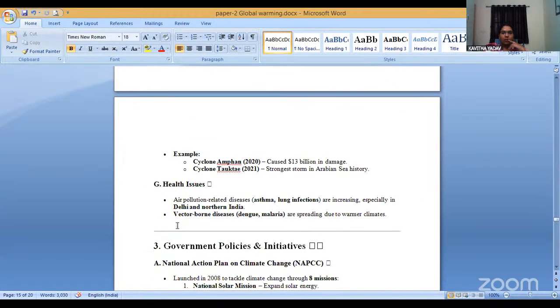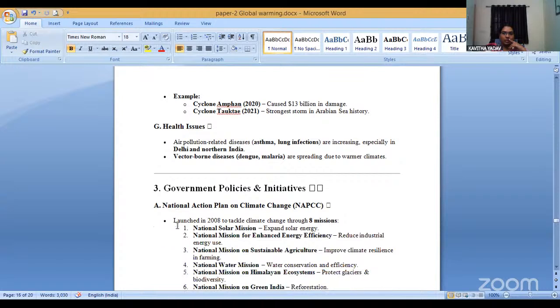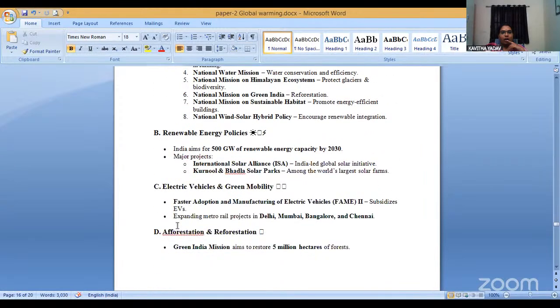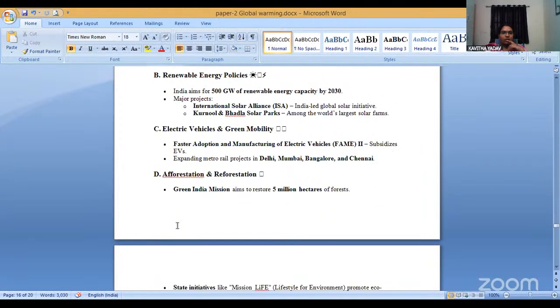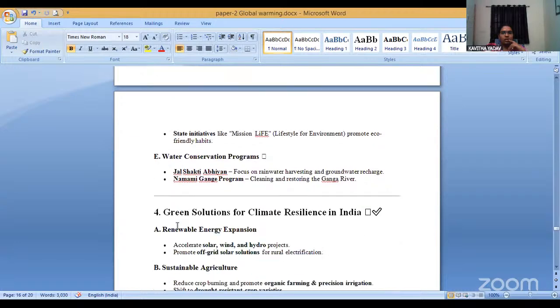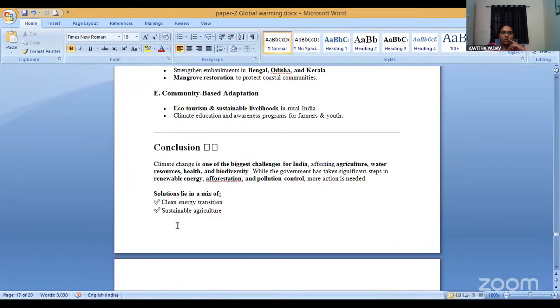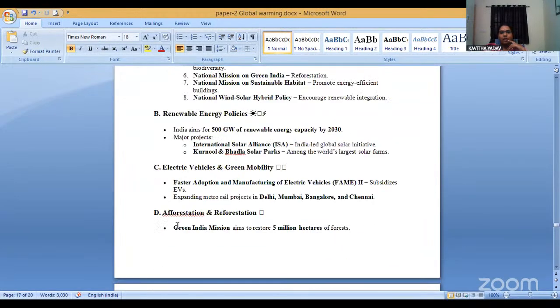What are the government policies and incentives: the National Action Plan on Climate Change, National Solar Mission, National Mission for Enhanced Energy Efficiency. Then afforestation, renewable energy policies, water conservation programs, green solutions for climate resilience in India, conclusions. All these were discussed in today's class.